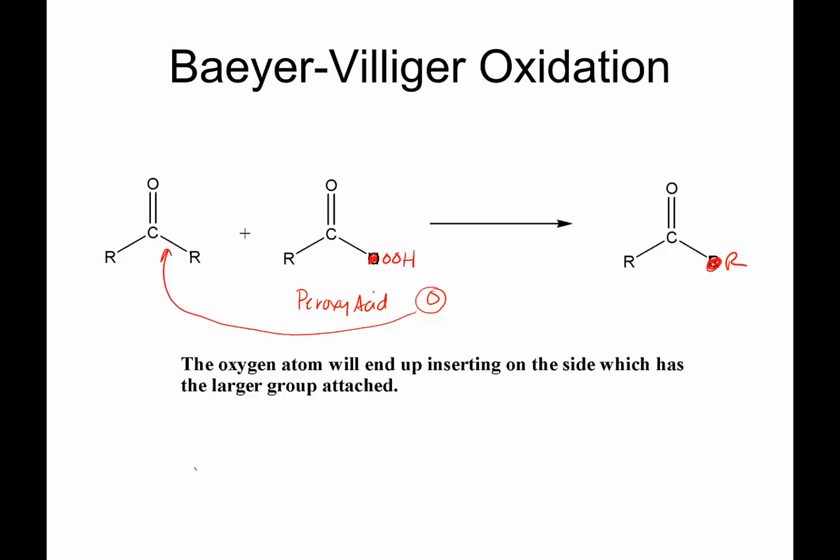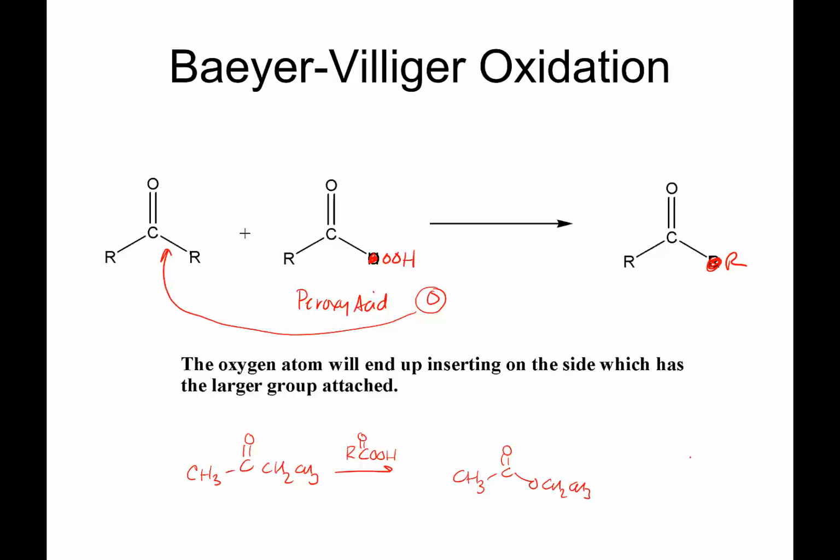So if I took something like that same methyl ethyl ketone and said I'm going to react that with peroxy acid, I would end up inserting an oxygen on the side with the ethyl group.